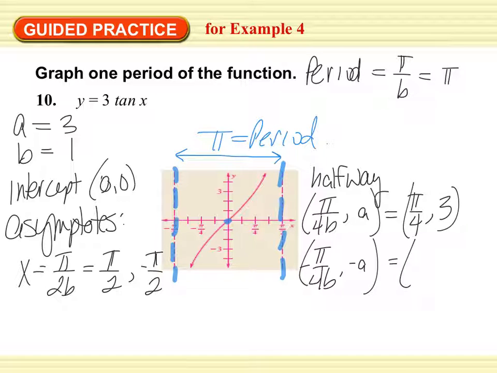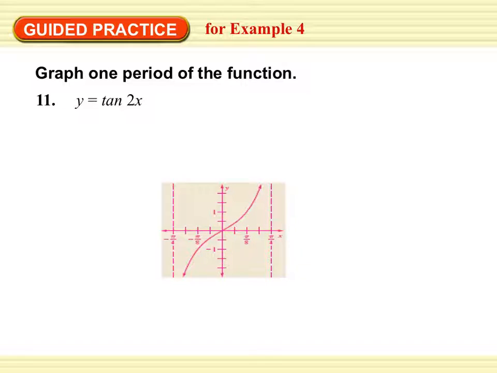So that's going to be negative pi over 4, comma negative 3. So there and there. And that right there gives me enough information to graph my tangent curve. Just one period of it.